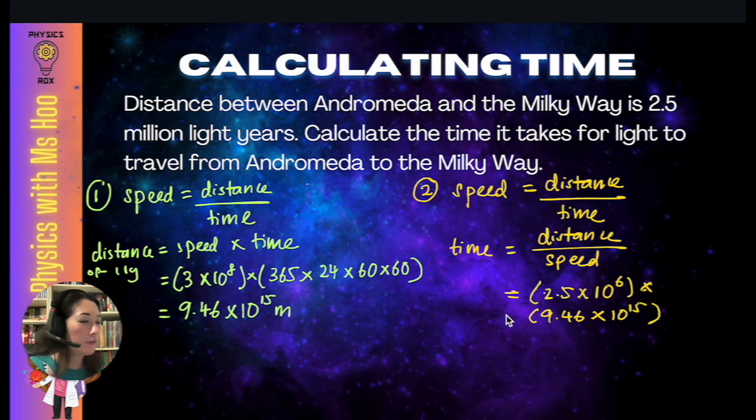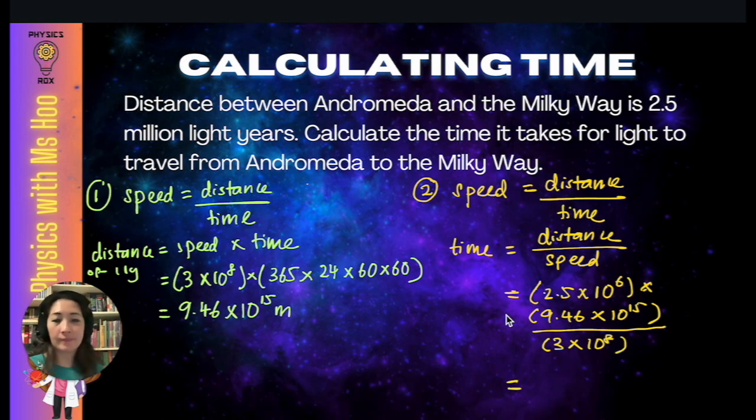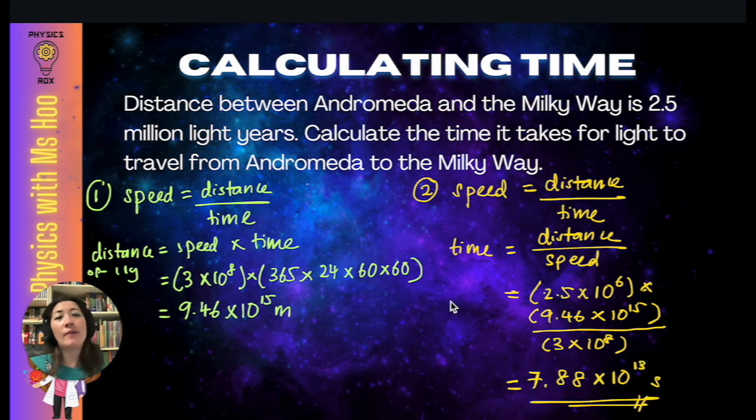And we're going to divide this with the speed of light, which we know by now is 3 times 10 to the power of 8. So solving this, you will get 7.88 times 10 to the power of 13 seconds. And that's how we calculate the time it takes for light to travel from Andromeda to the Milky Way.